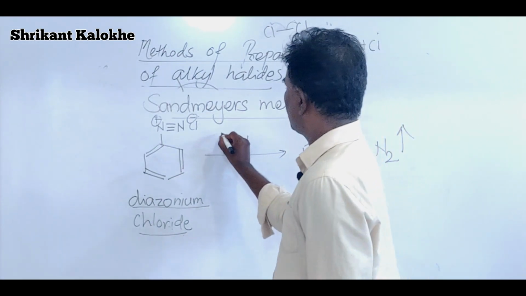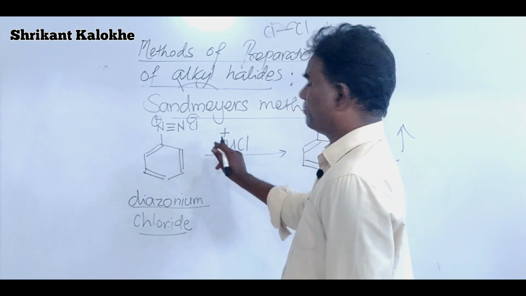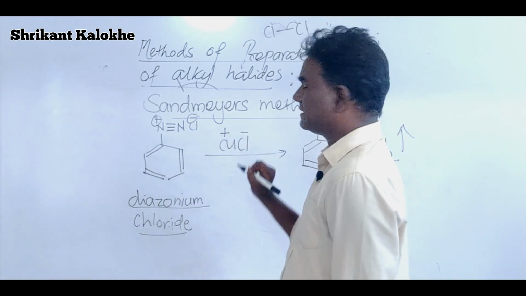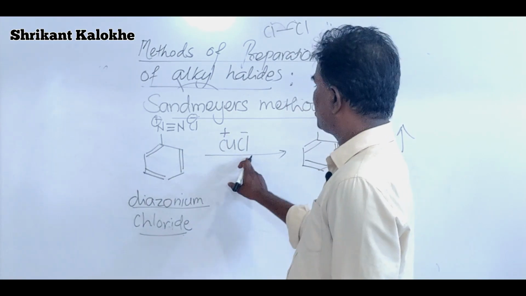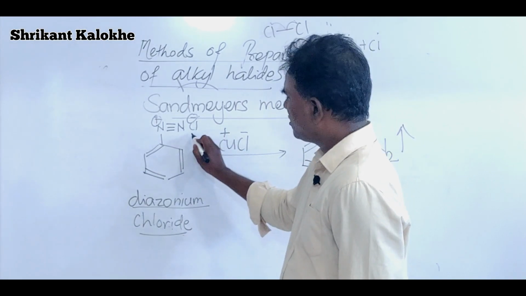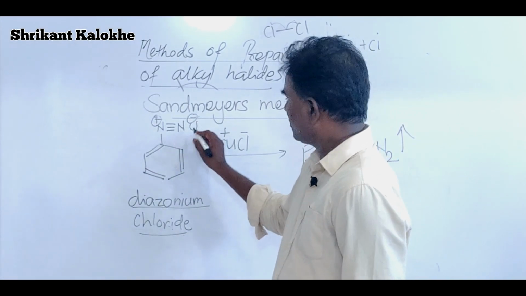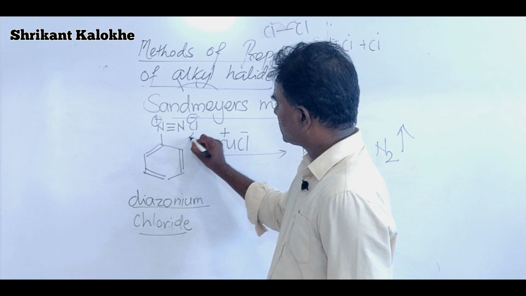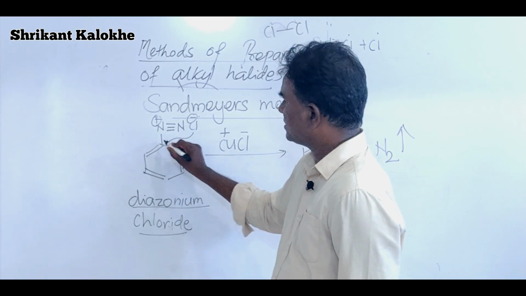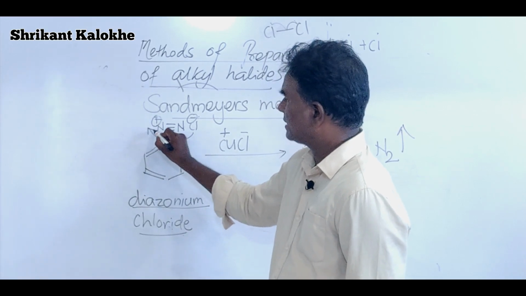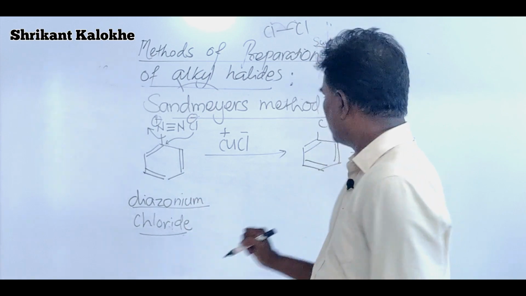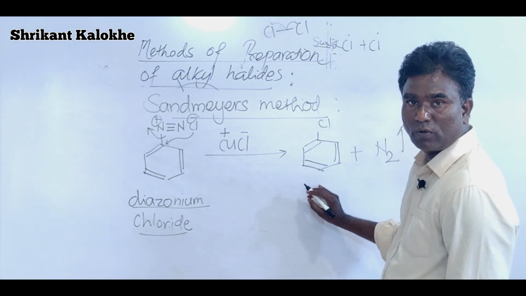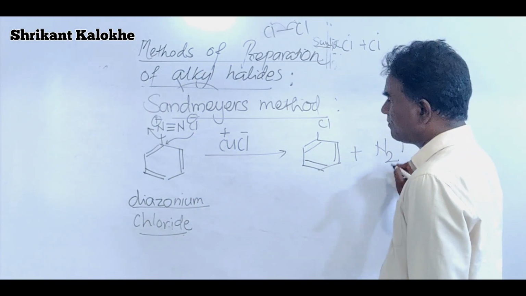Cuprous chloride, because Cu is +1 and Cl is -1. If it is treated with cuprous chloride, a kind of rearrangement takes place here. This chloride gets attached to this benzene ring, and nitrogen gas gets evolved from this compound, and therefore you get chlorobenzene and nitrogen gas evolved.